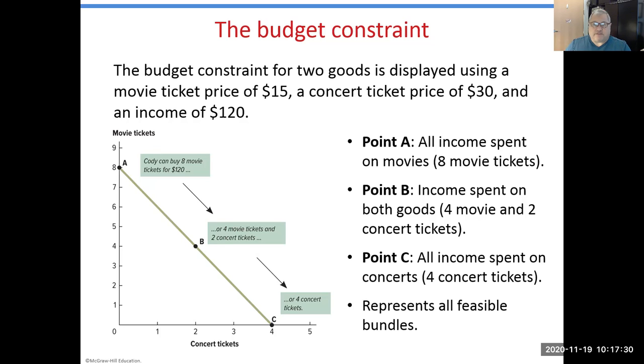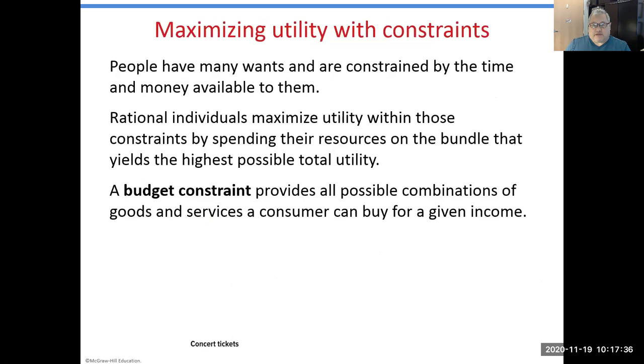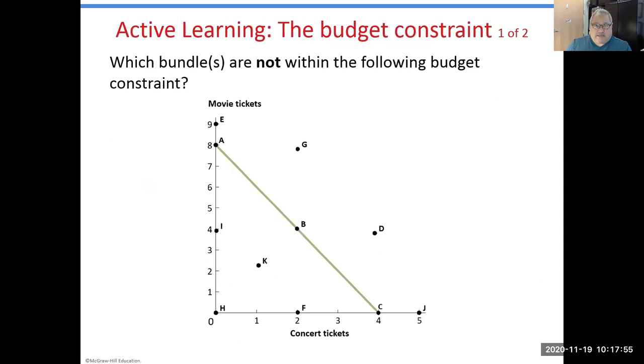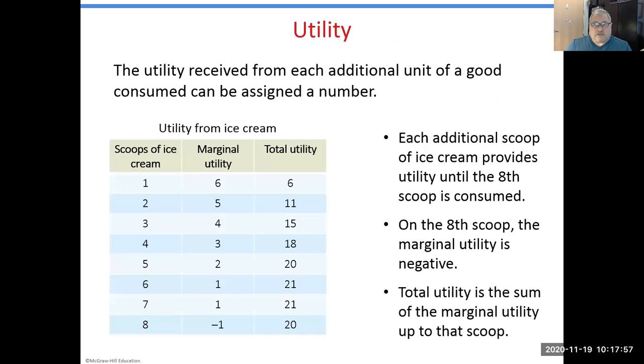We don't have unlimited amounts of time or unlimited amount of trading resources to affect just about anything we want. So we can't get everything we want, and the budget constraint is how we model what we can afford to get as consumers when we are looking to buy or make decisions about purchasing a good or a service in an economy.